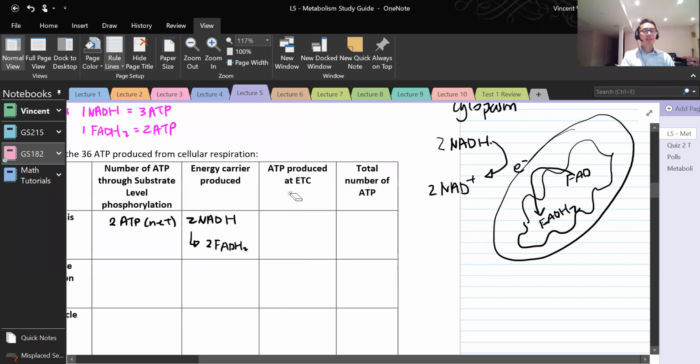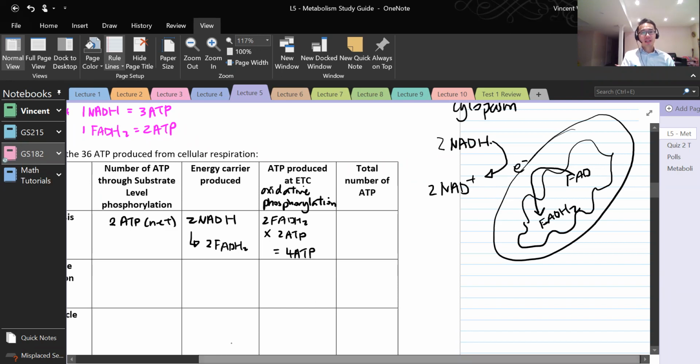So how many ATP are we going to be produced at the ETC? Remember, this is through oxidative phosphorylation. Because we have 2 FADH2, 2 FADH2 multiplied by 2 ATP gives me 4 ATP.